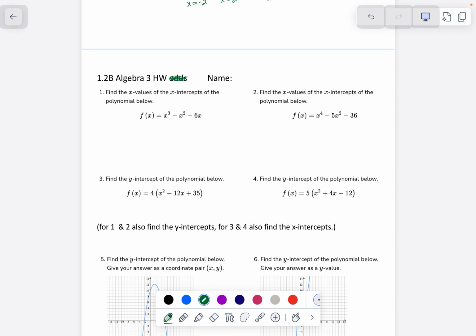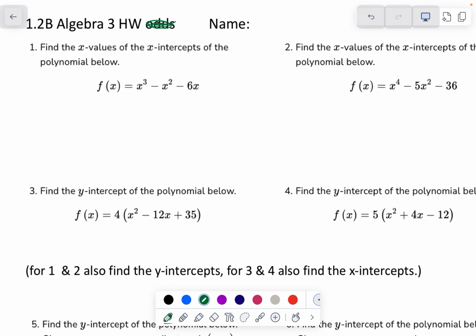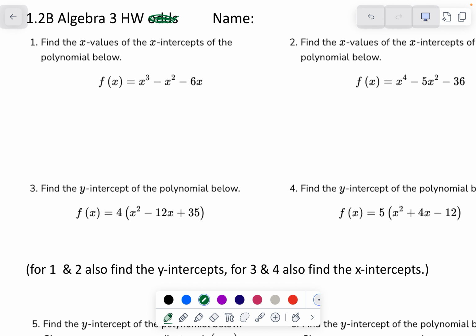I want to talk about problems 1 and 2, okay? So 1 and 2 are asking for x-intercepts. For x-intercepts, you want to get them in factored form. So for number 1 and 2, you've got to factor it.